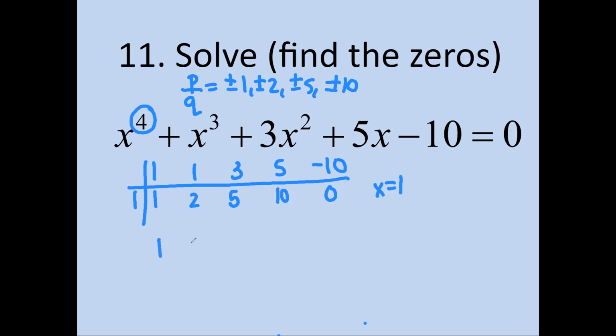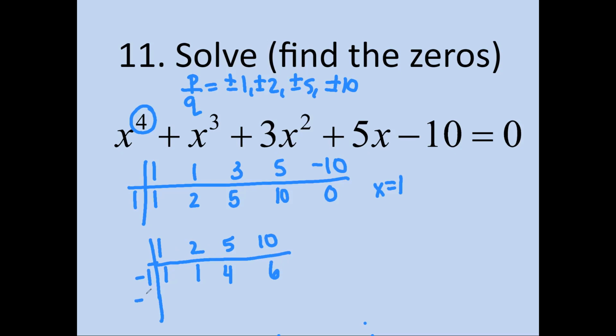Now I'm going to take my 1, 2, 5, 10 and do another synthetic division. For this, all of these are positive, so I am not going to try any of my positives. So let's say I try negative 1, bring down my 1. 1 times negative 1 is negative 1, add it to 2, 1. 1 times negative 1 is negative 1, add it to 5, 4. 4 times negative 1 is negative 4, add it to 10, 6.